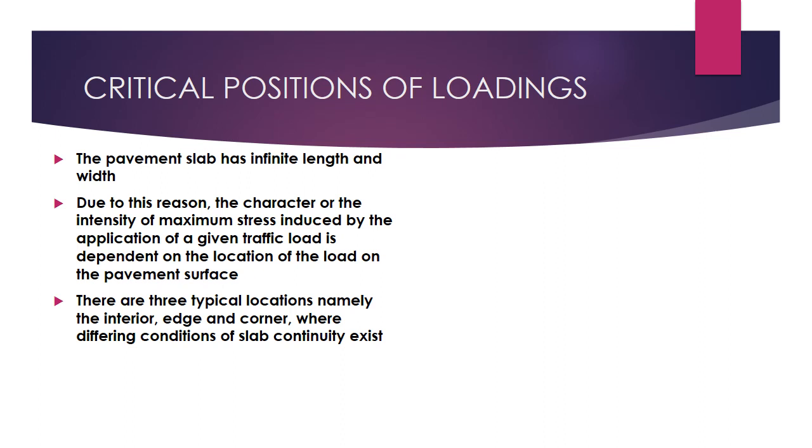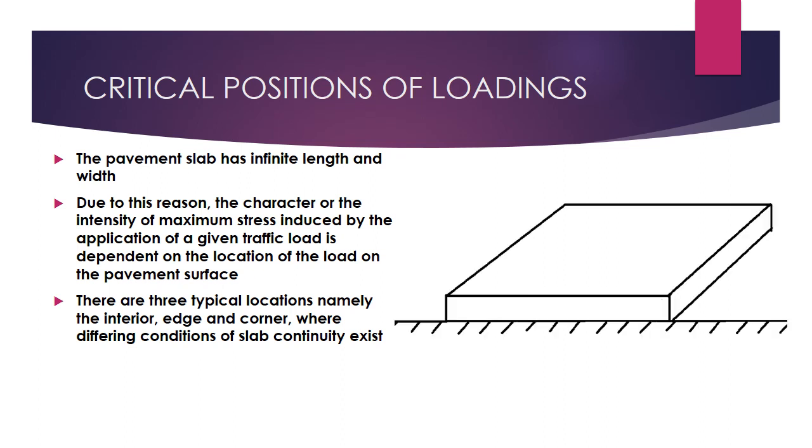Now let us see where these interior, edge and corner positions are in a pictorial representation. This is a portion of a rigid pavement. The interior location will be somewhere here in the middle, this will be our edge position for the loading condition, and the corner will be somewhere here.